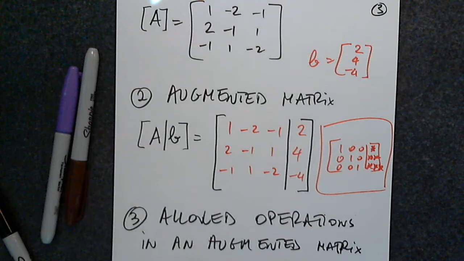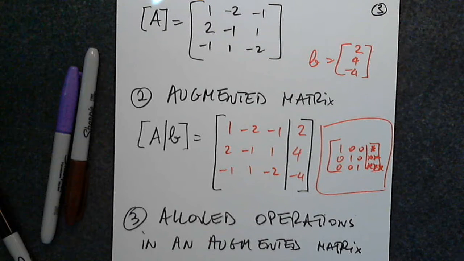Once I'm done with that, I have x, y, and z. Because x plus 0y plus 0z is this number, which means x is this number, whatever the number turns out to be. Then this is 0x plus 1y plus 0z, which is this number, which means y will be that number. And the same thing for z.